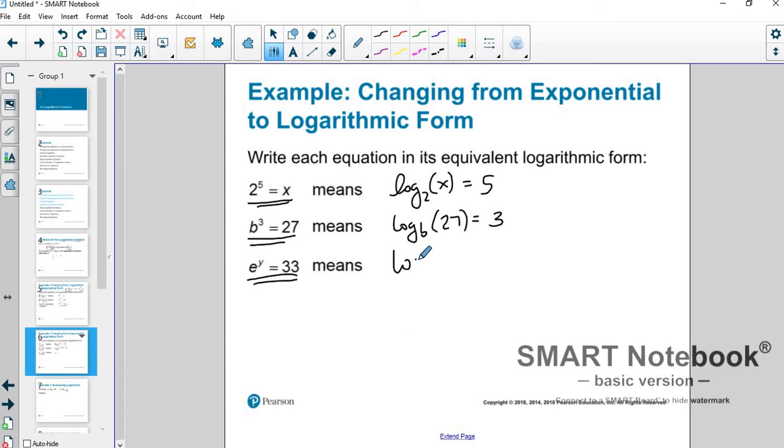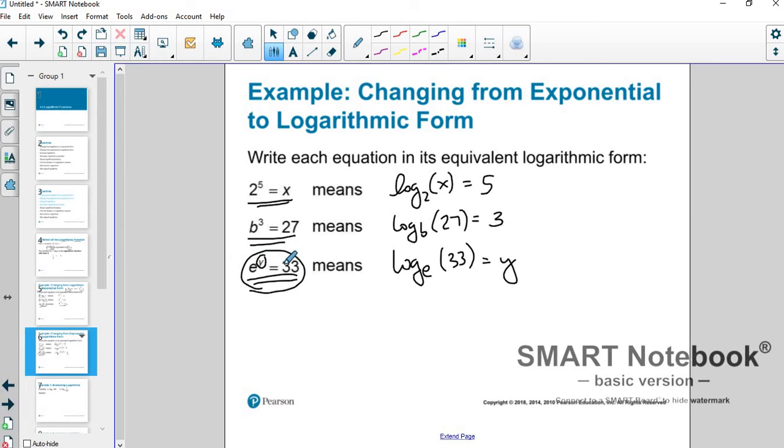All right, so this is log base e of 33. E is the base over here, the number e. And that's supposed to equal this power, the power of y. This last one here can show you the power, no pun intended, can show you the strength of being able to rewrite things in equivalent forms, because here if I have e to the y equals 33, I have no idea how to handle that, right?